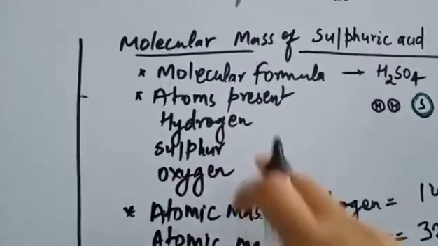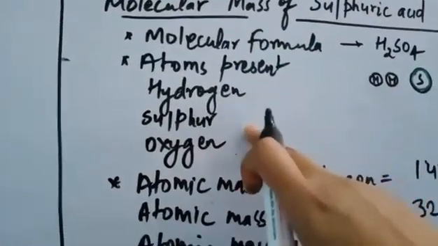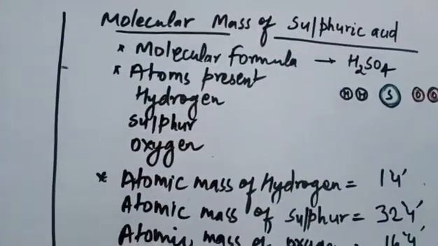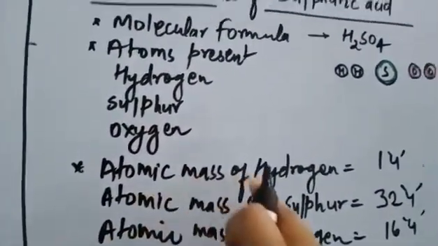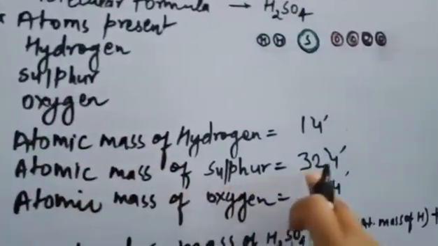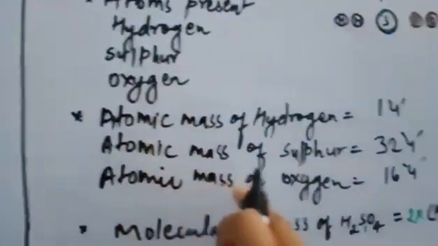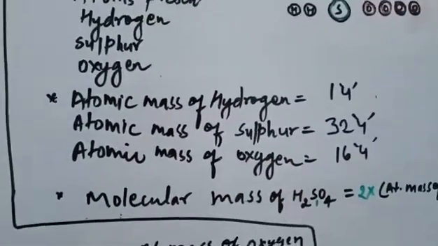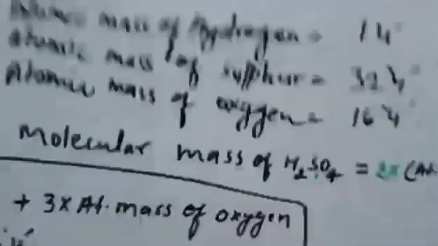So we will find out the atomic masses of the atoms present in sulfuric acid. Atomic mass of hydrogen is 1u, atomic mass of sulfur is 32u and atomic mass of oxygen is 16u. Now we will sum up all the atomic masses.